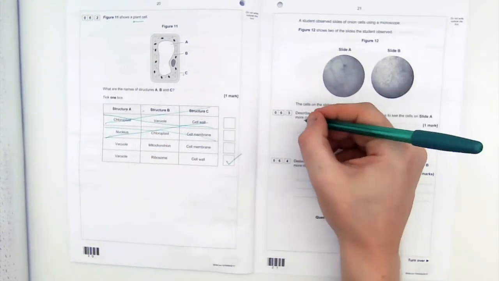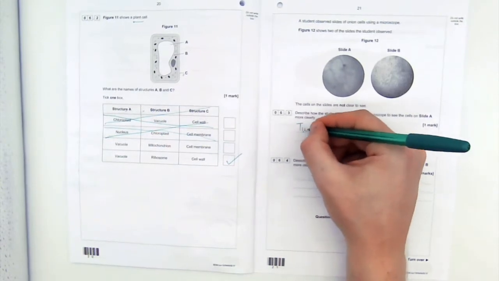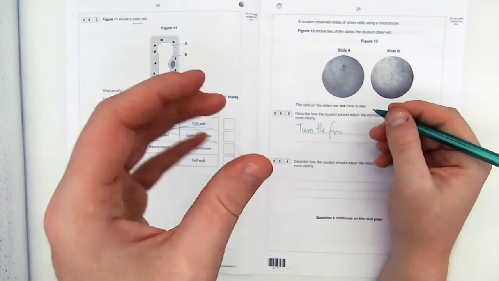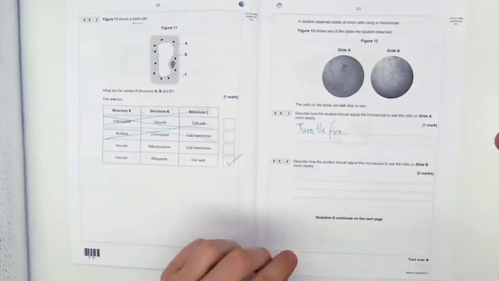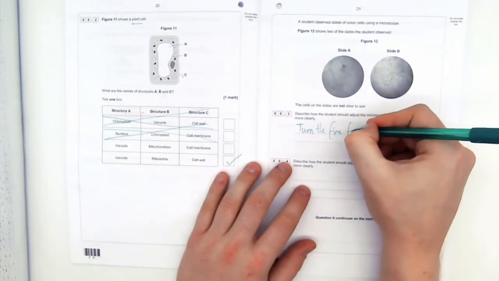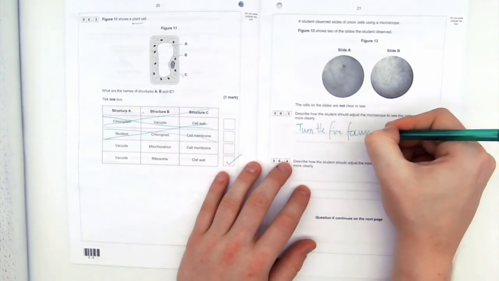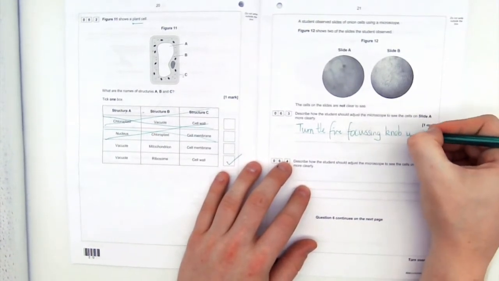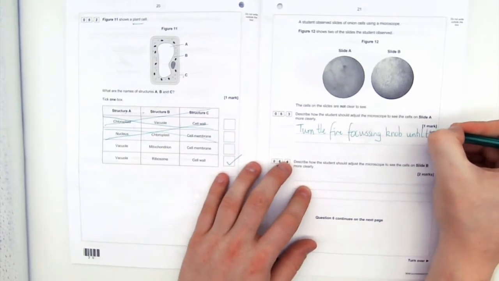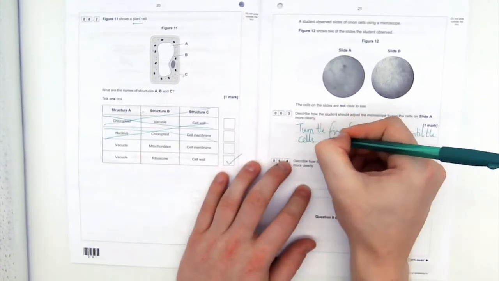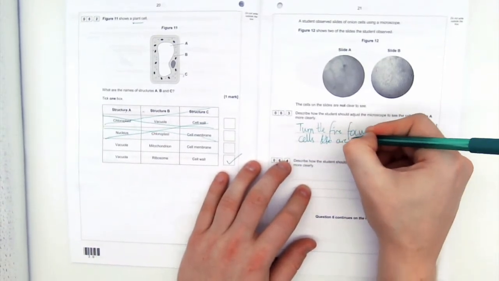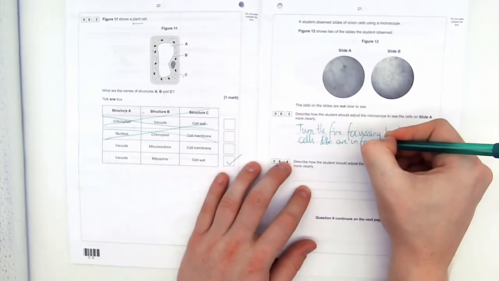So I'm going to say you could turn the fine focusing knob, because there's a coarse one where it does it really quickly, and there's a fine one where it's a little bit more slowly. Okay, until the cells are in focus. Because I don't want to go past that. The cells are in focus.